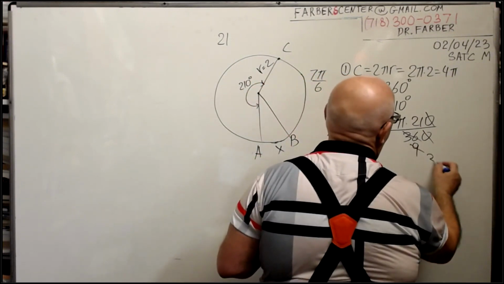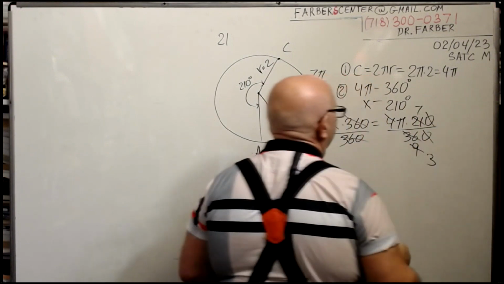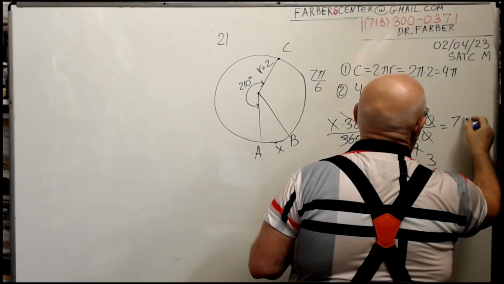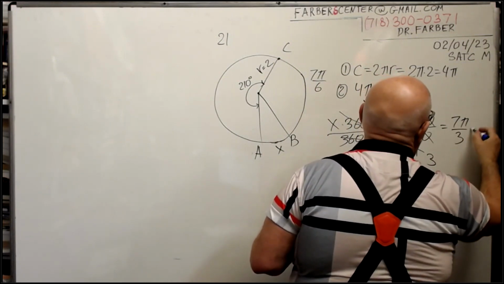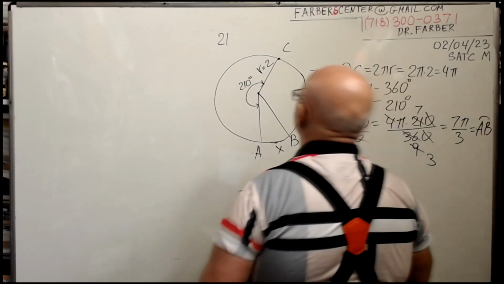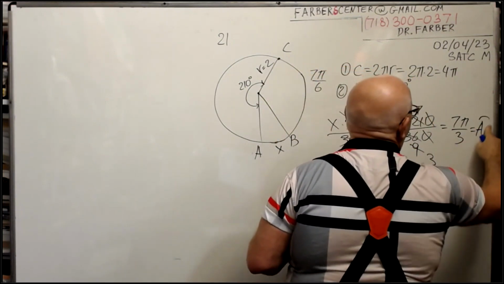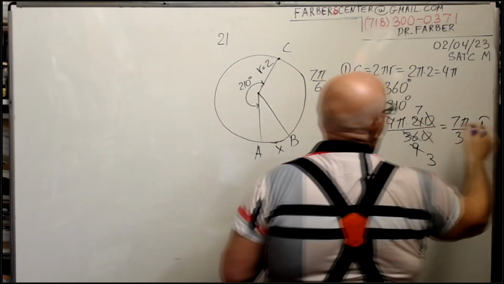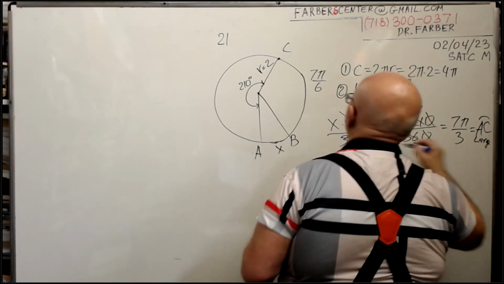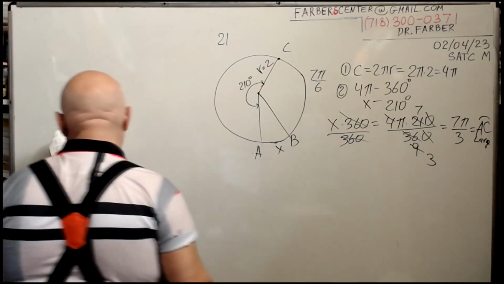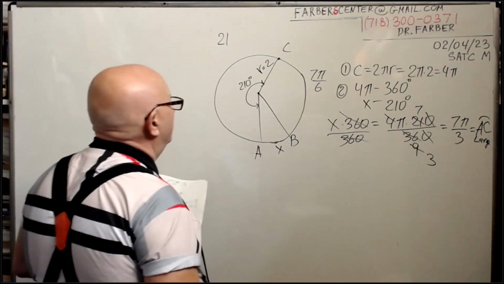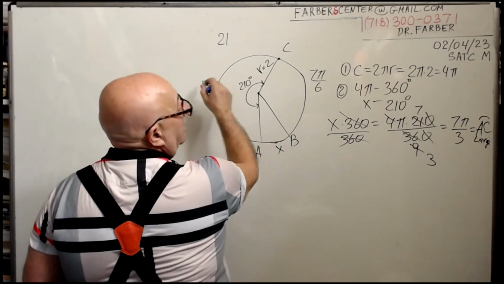It would be 3. This is 7. And you get 7 pi over 3. What is it? It's the larger arc AB, AC, so this one. Larger, because we have minor arcs. Now, this is 7 pi over 3.